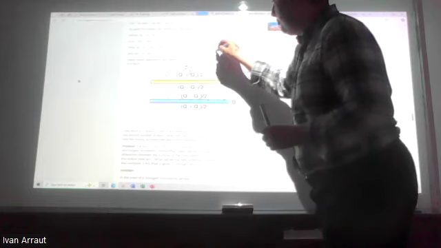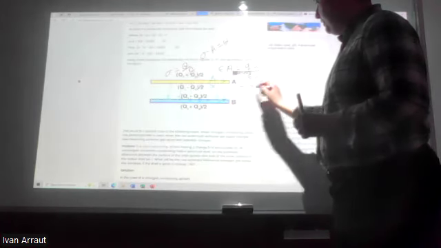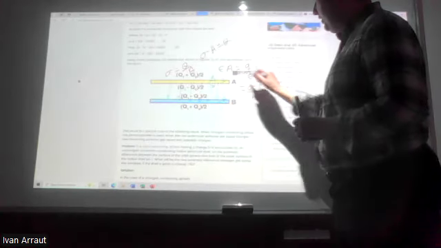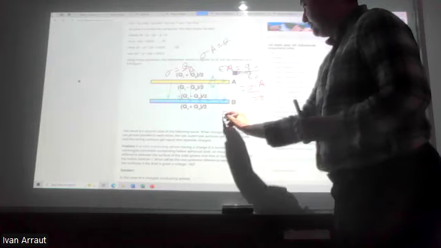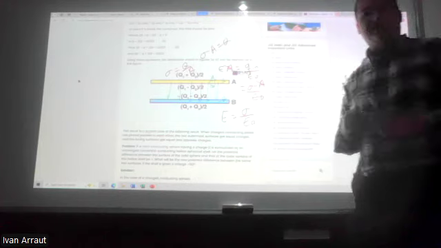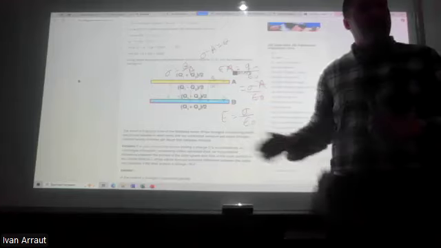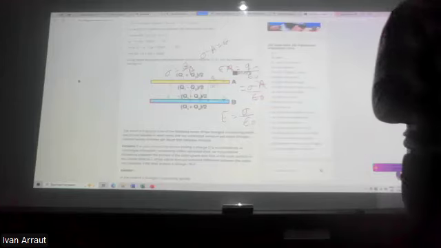Then sigma multiplied by area is the charge. Then we have sigma times area over epsilon 0. The area and area cancel, so at the end the electric field is sigma divided by epsilon 0. This is a classical result for parallel plates. The electric field between parallel plates is constant. It doesn't decay with the distance.